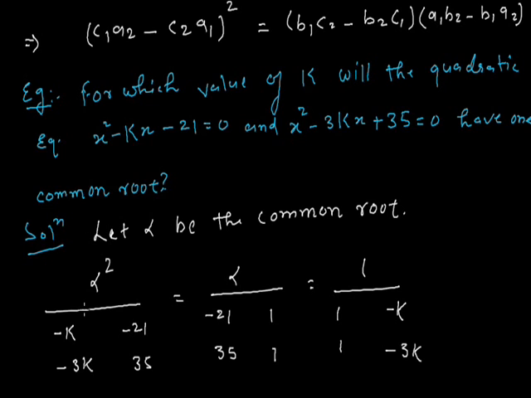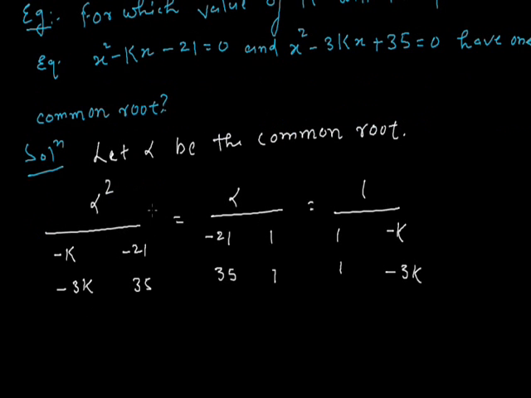Here we choose the coefficient of x and the constant term, and again the constant term and the coefficient of x square, and again the coefficient of x square and then the constant term. Here we are using the cross multiplication method.